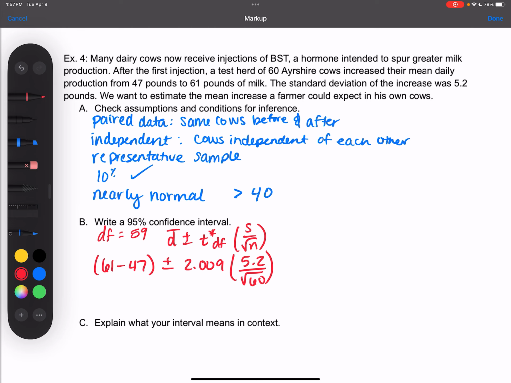Standard deviation, 5.2. N is 60. Confidence level, 0.95. So if you typed it in, it would be T interval, stats, 14, 5.2, 60, 0.95. And when I do that, I'm seeing 12.66 to 15.34. And if you did that by hand, you should get, within a decimal place or two, the same thing.